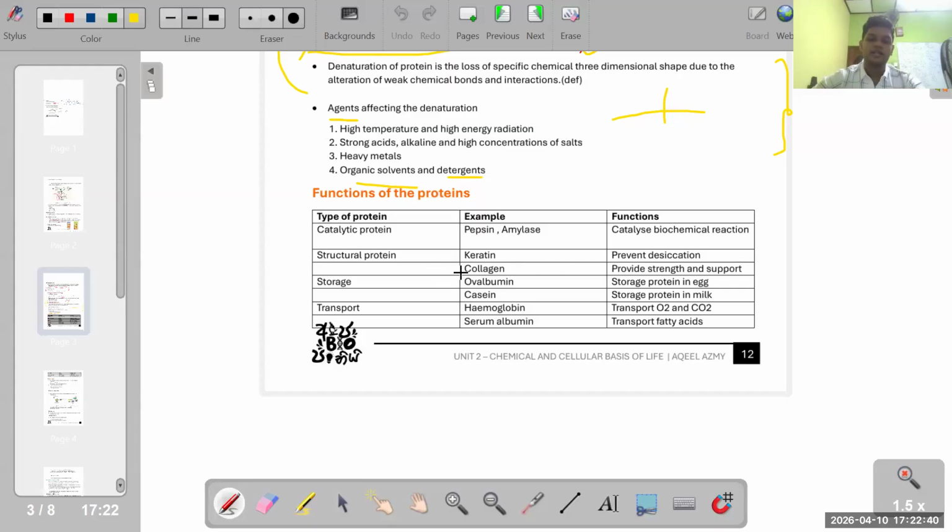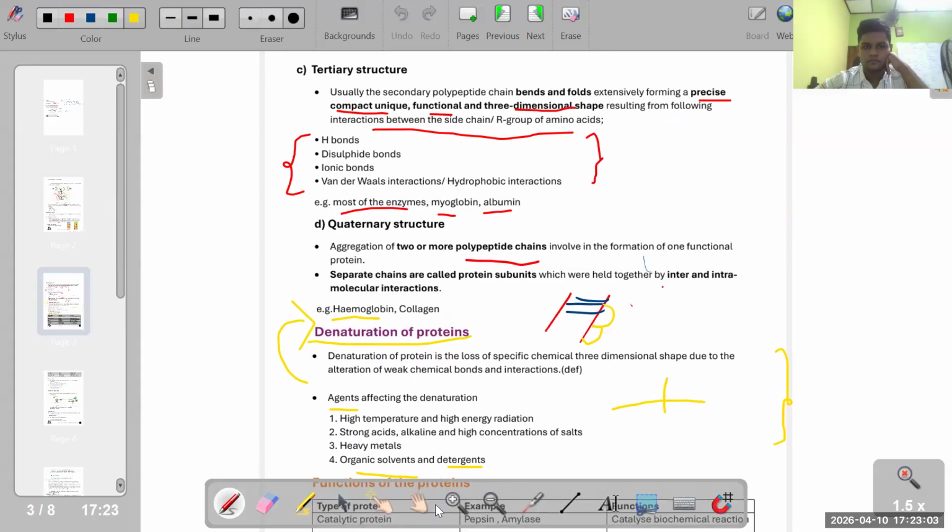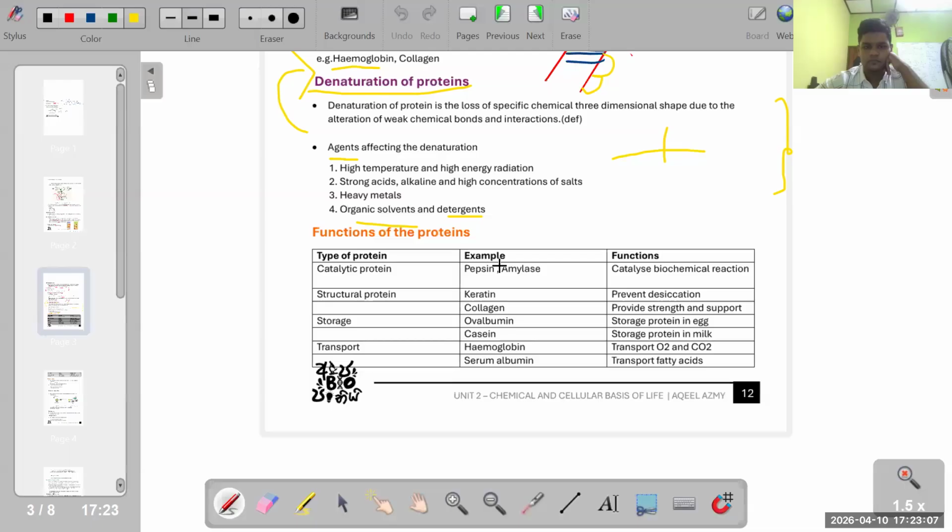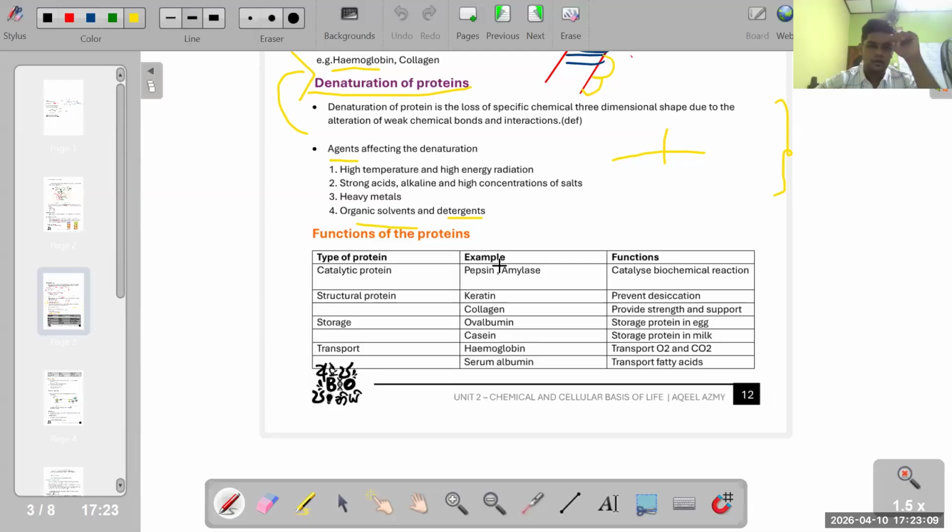Now tell me, collagen is what type of protein, what structure does it belong to? Primary, secondary, tertiary, quaternary. Let's see.